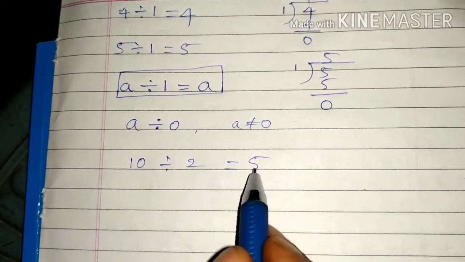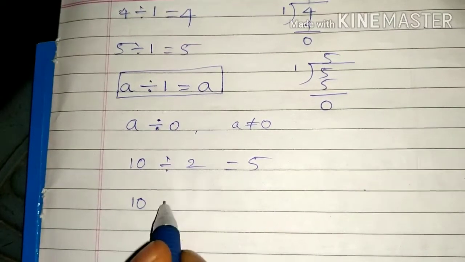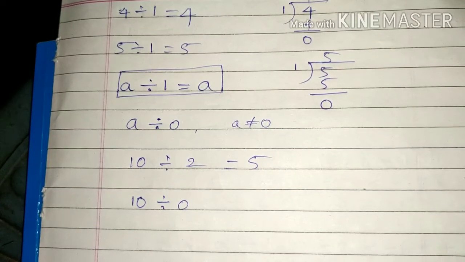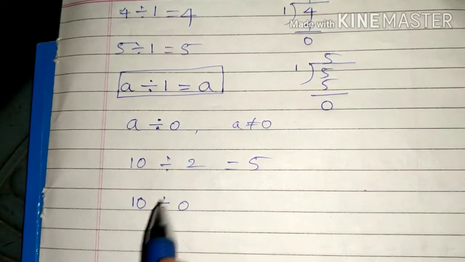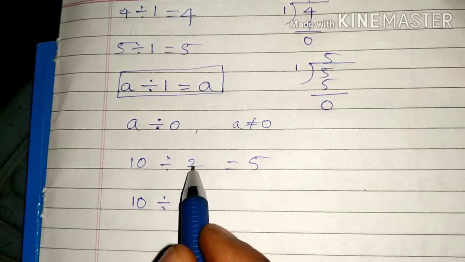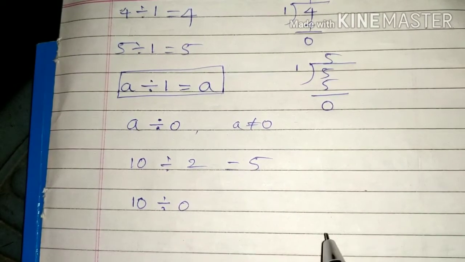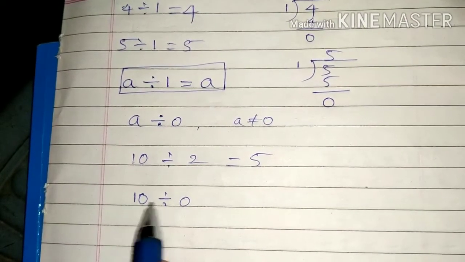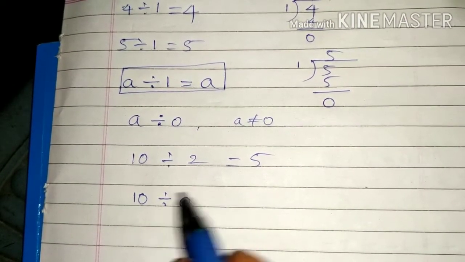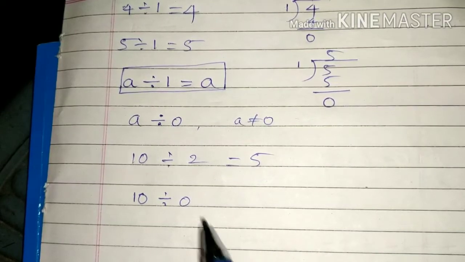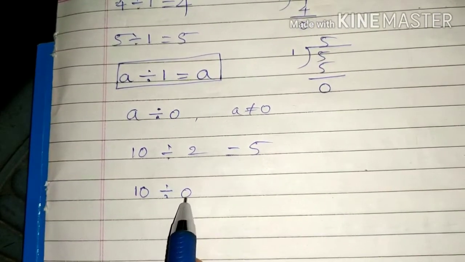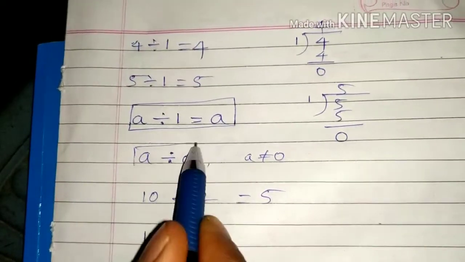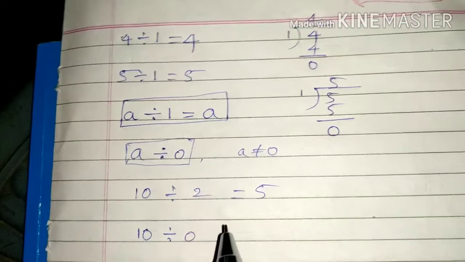Suppose you have 10 chocolates and have to distribute them to 0 people, that is meaningless, correct? So division by 0 is meaningless.